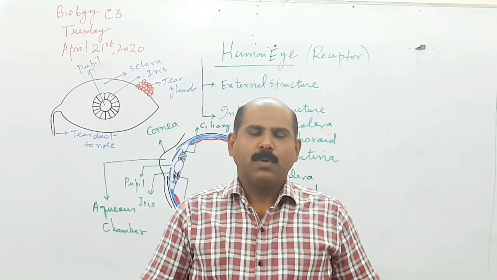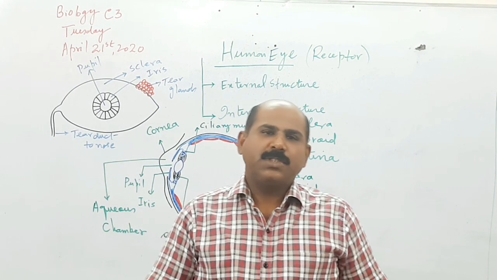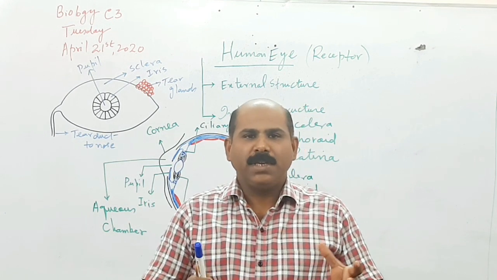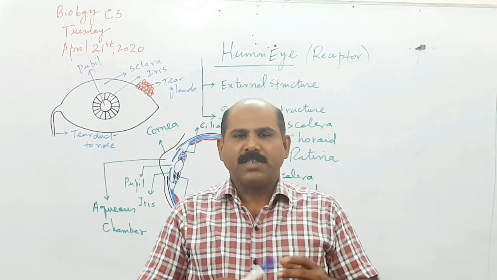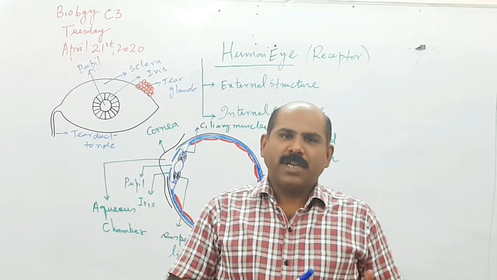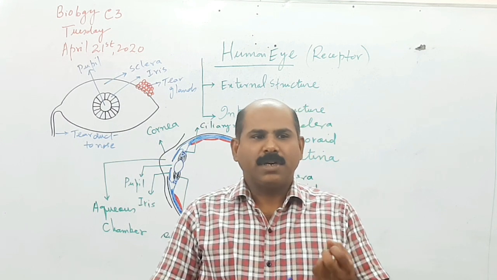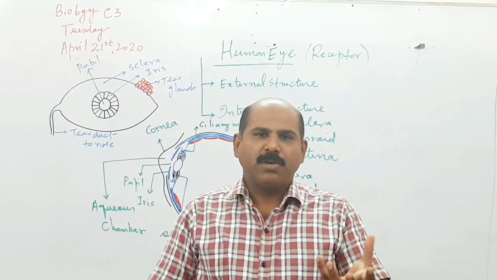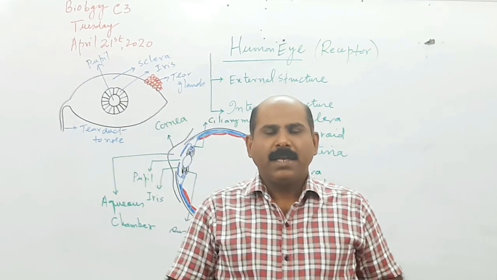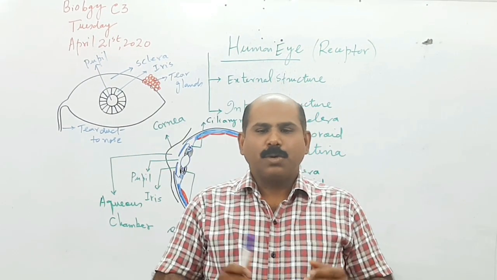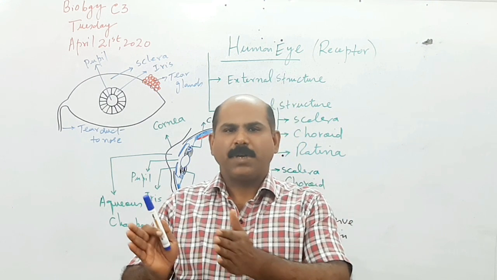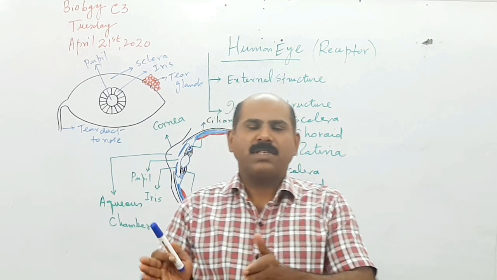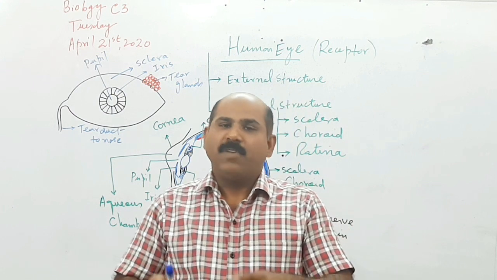Okay class, this was all about the anatomy of the eye, the external structure and the internal structure. Today's homework: I'll be sharing a picture of the internal structure of the eye. On one page you will draw the picture of the eye with colors.